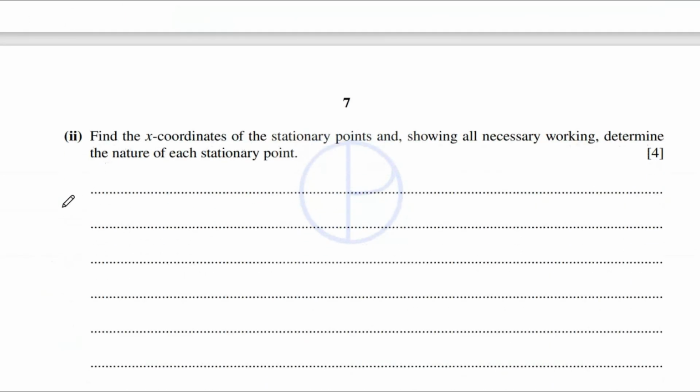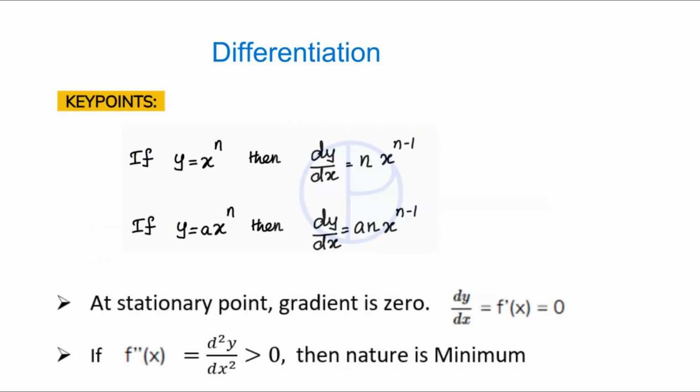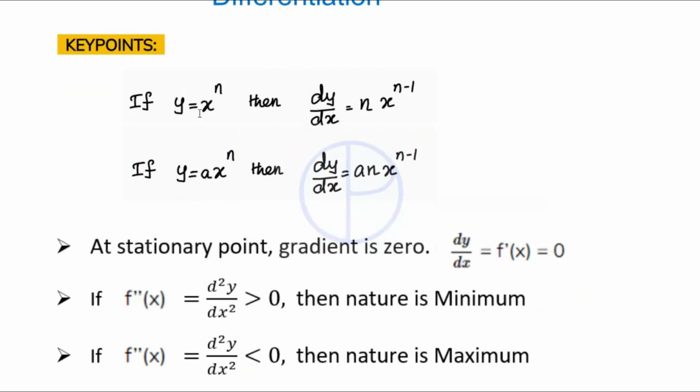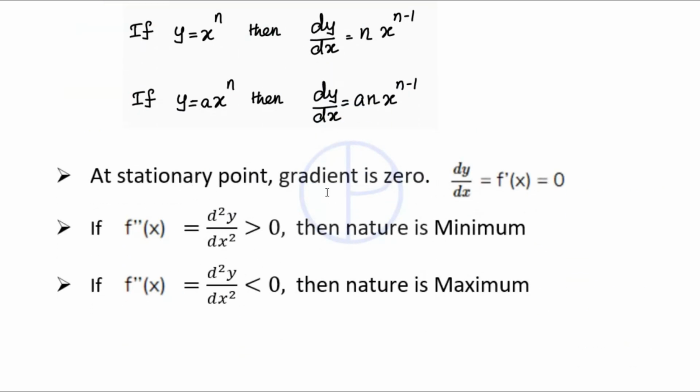The next part of the question is to find the x coordinates of the stationary points, showing all necessary working, and determine the nature of each stationary point. So at a stationary point the gradient is 0, that is dy by dx is 0.